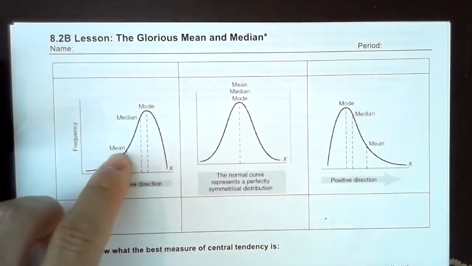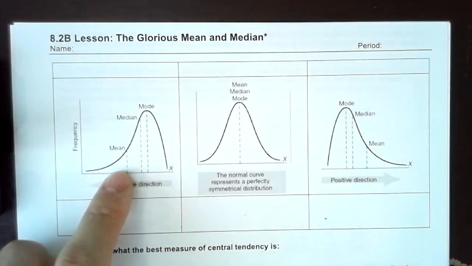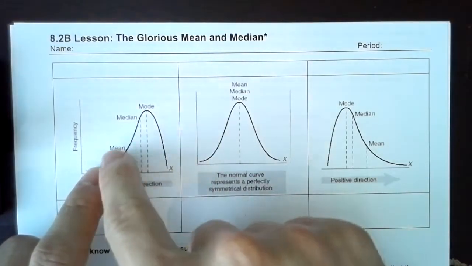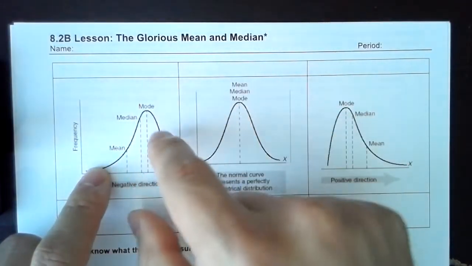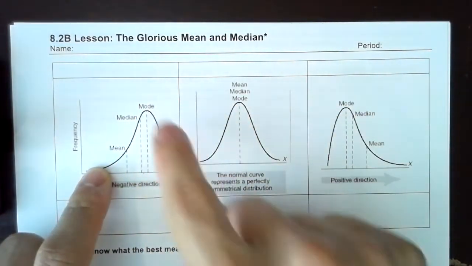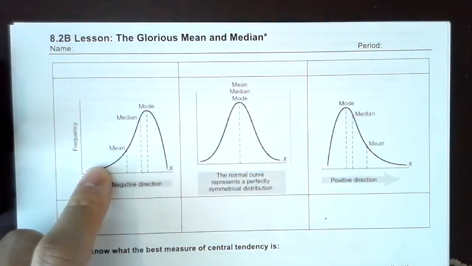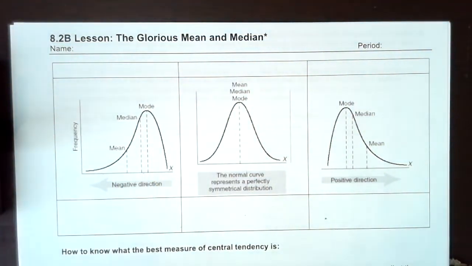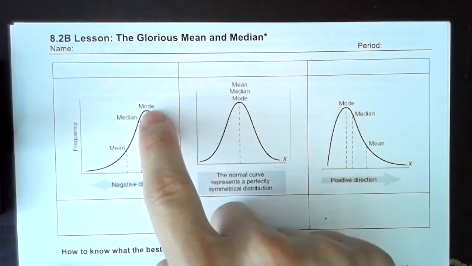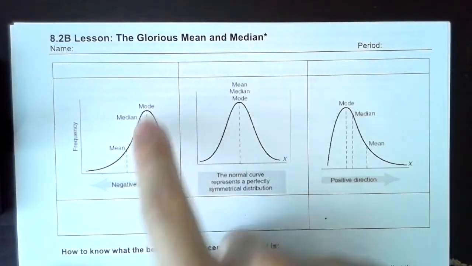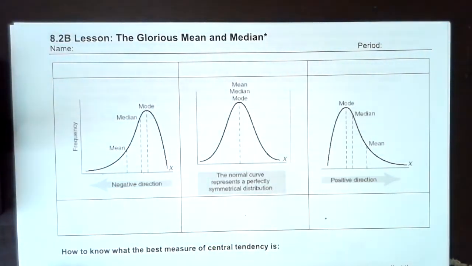Notice how the mean, in the first picture, is not really where the most frequent data point is, right? The mode, again, is the data point that occurs the most frequently. And you could see how the mode is higher than the mean in this case.